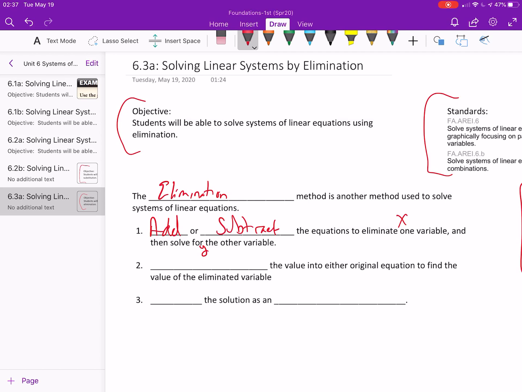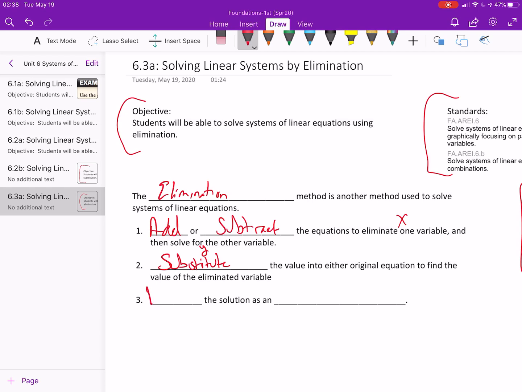Step 2 is to substitute the value into either original equation to find the value of the eliminated variable. So in our example, we said that we eliminated x and solved for y, right? So we're going to now take that y value that we found and substitute it back to find the x.